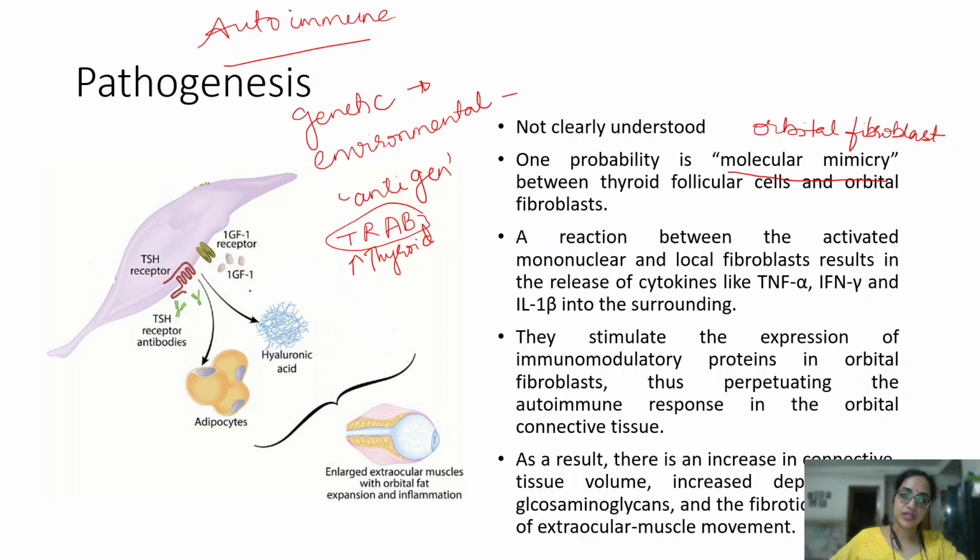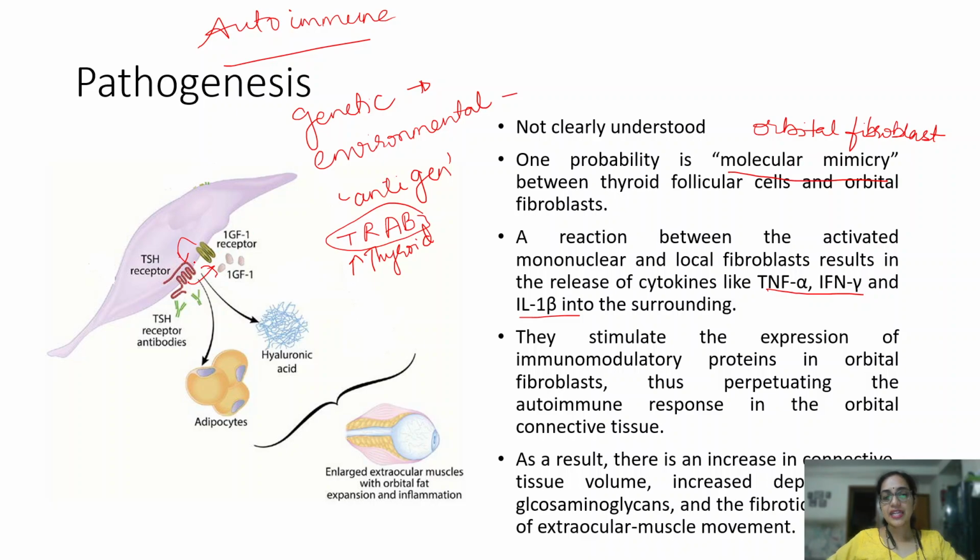As a result of this antigen antibody reaction, there is production of inflammatory cytokines like TNF alpha, interferon gamma, and interleukin 1 beta. More importantly, there is a crosstalk between the TSH receptor and the IGF-1 receptor, that is the insulin-like growth factor 1 receptor.